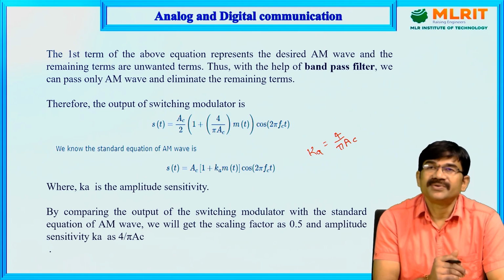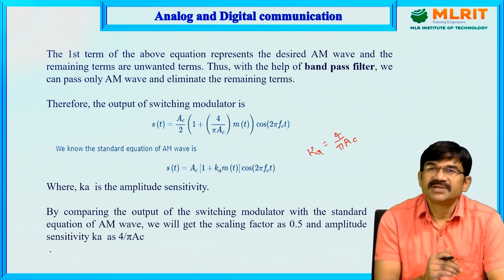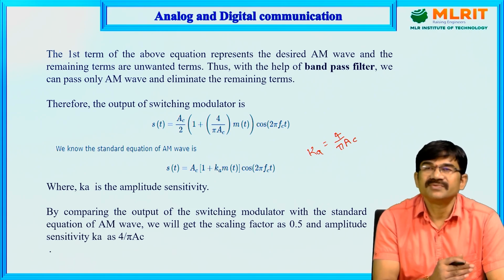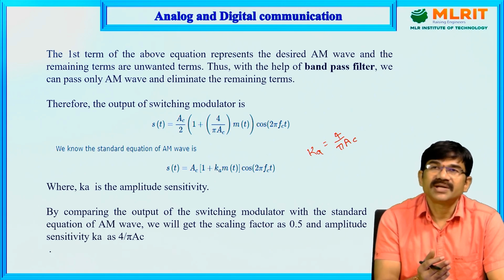In the diode, one more signal is applied, the periodic rectangular pulses c of t. Based on these periodic rectangular pulses, the diode switches on and off, and based on that the output waveform is generated. The generated output waveform is passed through the band pass filter. Here also we allow the wanted terms and remove the unwanted terms.